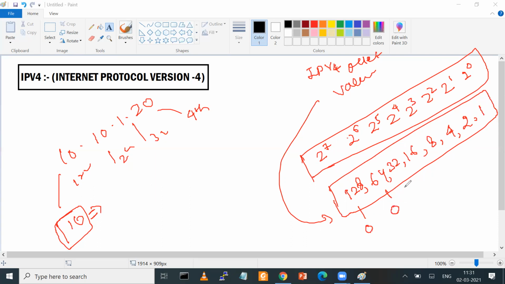I'm not gonna use 64, I'm not gonna use 32, I'm not gonna use 16, but I'm gonna use 8, so it should be 1. I'm not gonna use 4, so it should be 0. I'm gonna use 2, so it should be 1 and it should be 0. So number octet value looks like this.